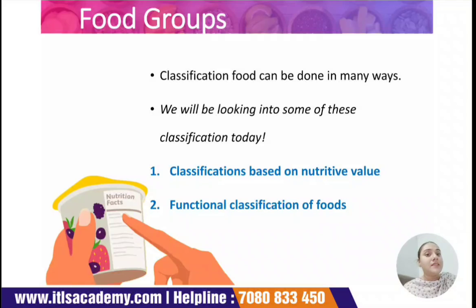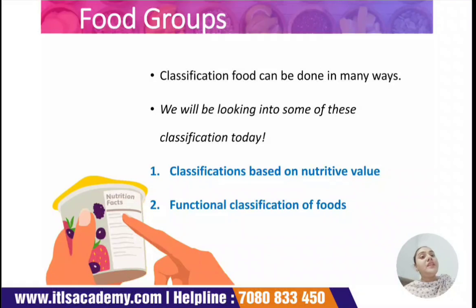As you can see in this image, a person is checking what nutrients are present in it: the energy, meaning how many calories, how much sugar, how much fat. Everything is placed at the back of the label of any food item, and from there you can check the nutrient value of the food.